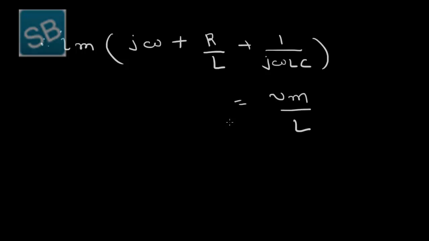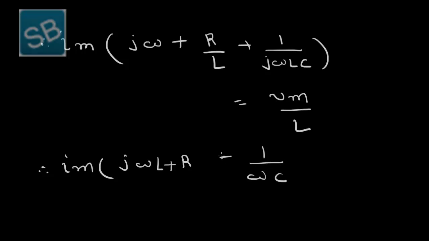So from both the sides, e raised to j omega t is cancelled out. Now I am multiplying both the sides by capital L. Therefore, Im into j omega L plus R, where this L is cancelled out, minus 1 upon omega C. Now see why I have written minus 1.